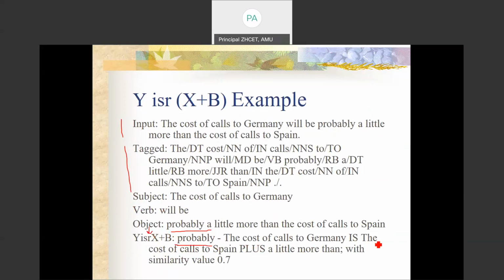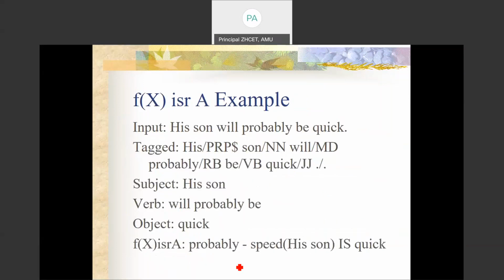The cost of calls to Germany is Y, the cost of calls to Spain is X, a little more than is B, and the similarity value is 0.7, and obviously some casing etc. also has 0.7 similarity.